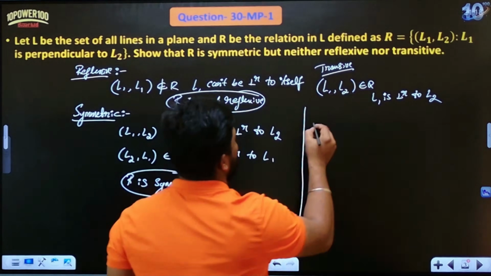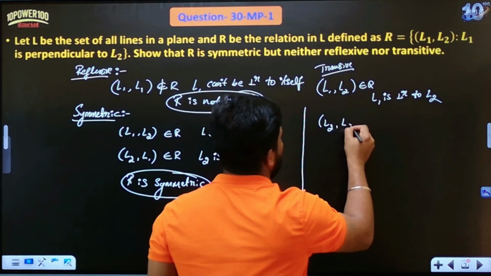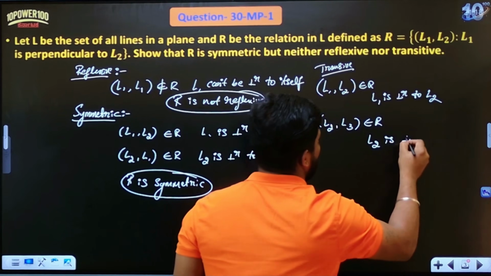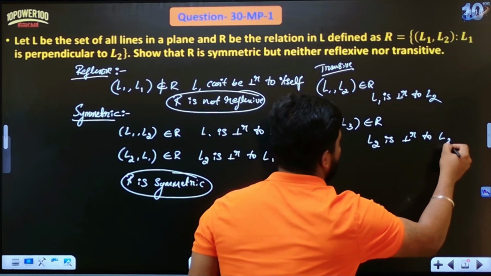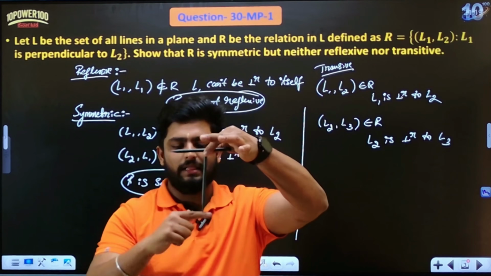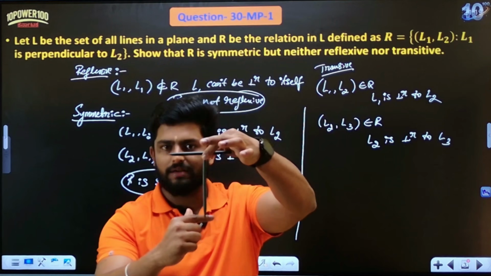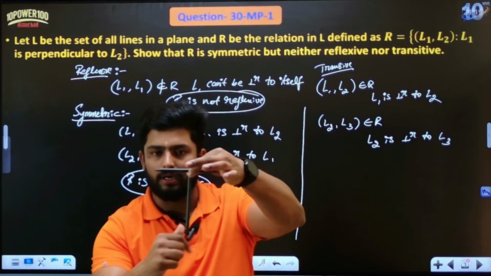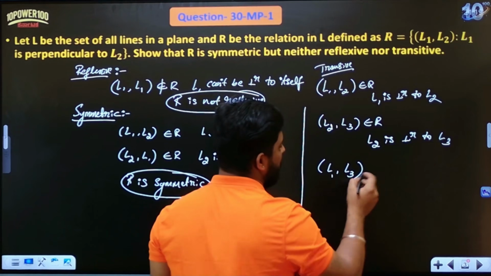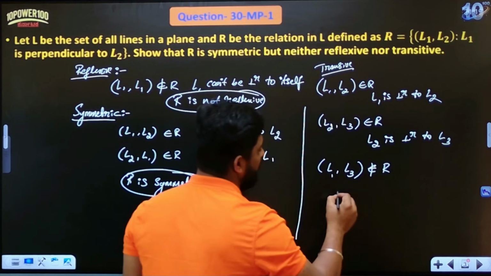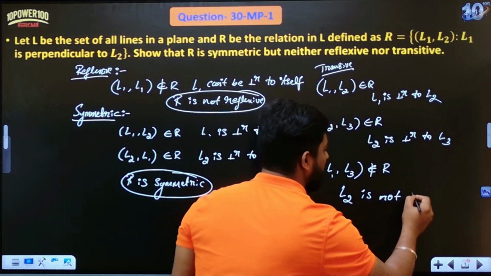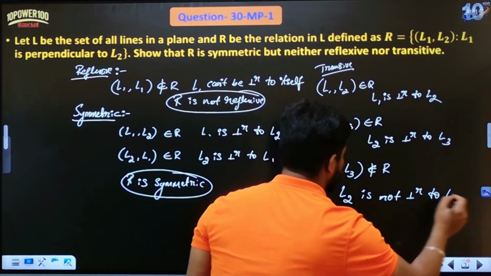We can write that L2 comma L3 belongs to R. Now if I take L1 and L3, observe the condition of them: they are actually parallel, right? They are not perpendicular. So we can't say that L1 comma L3 belongs to R, because L1 is not perpendicular to L3.